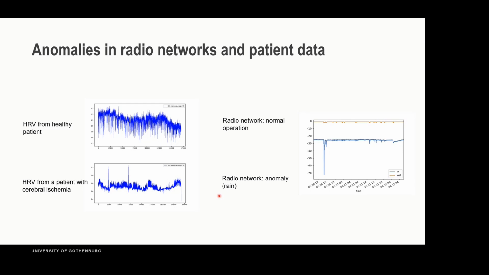It's very difficult for a machine learning algorithm to actually discover. And I will show you a few of the challenges and how we tackle them. Now, if we also, for example, have a radio network on the right-hand side, this is a signal.